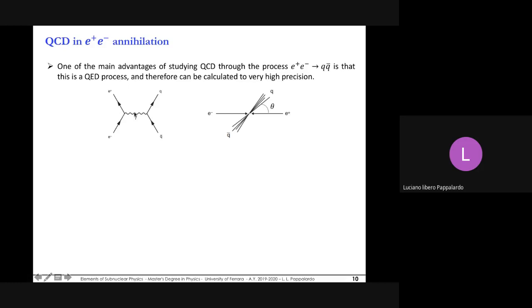And in QED, we know we can apply perturbative techniques, so we can calculate the matrix element of this process very, very precisely. Clearly, when you look at the reaction in the center of mass, we have 2 elementary particles colliding in the initial state, the electron and the positron, but in the final state what you observe are instead the jets of hadrons in the direction of the original quark-antiquark pair.